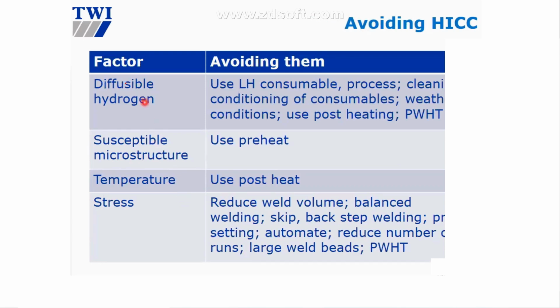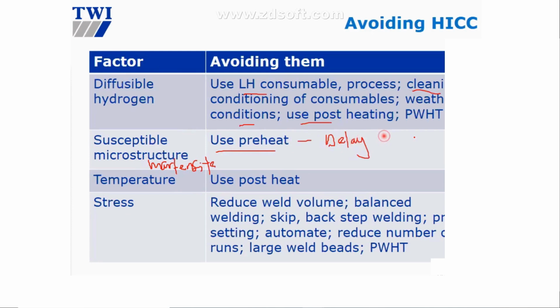But this is the explanation of how to avoid the factors of hydrogen: use a low hydrogen process, clean the material, consider weather conditions, and use post-heat treatment. Susceptible microstructure, like martensite. We use preheat to delay the cooling rate.